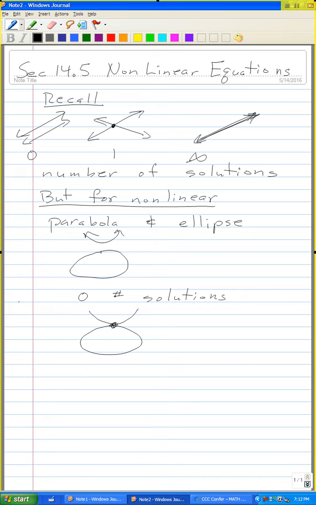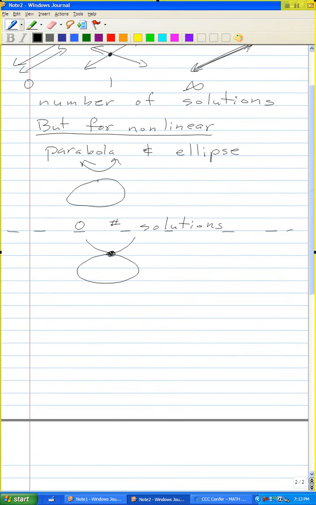Or you could have one solution. Here, let's separate this out so you can see. So I could have one point of intersection. This is my parabola, and this is my ellipse, and here is my point of intersection.